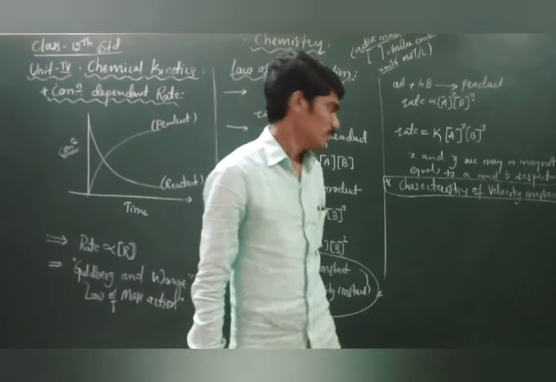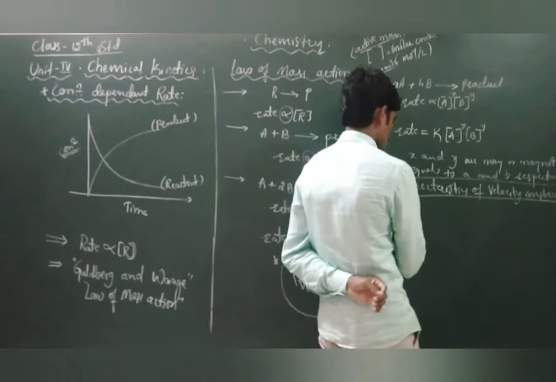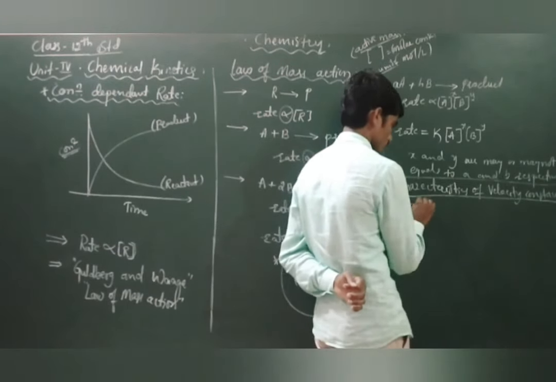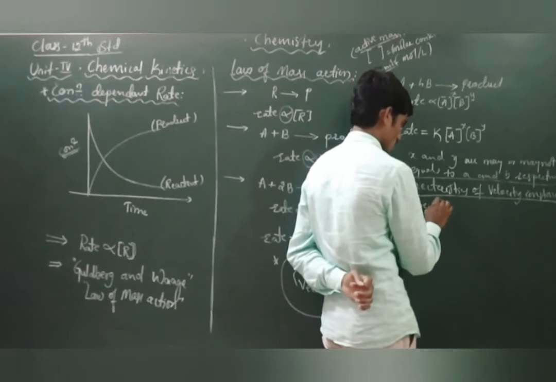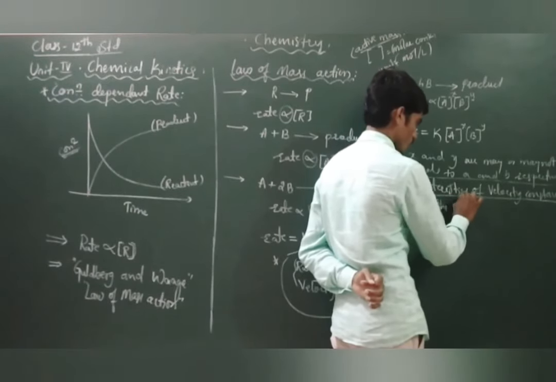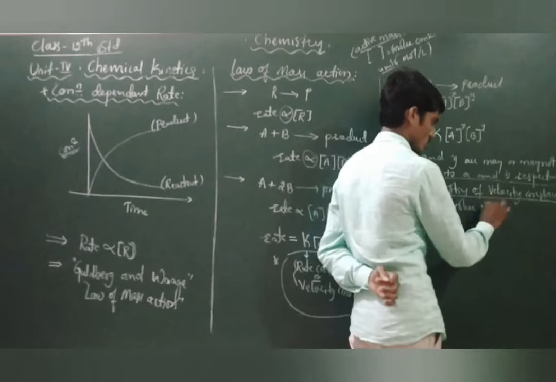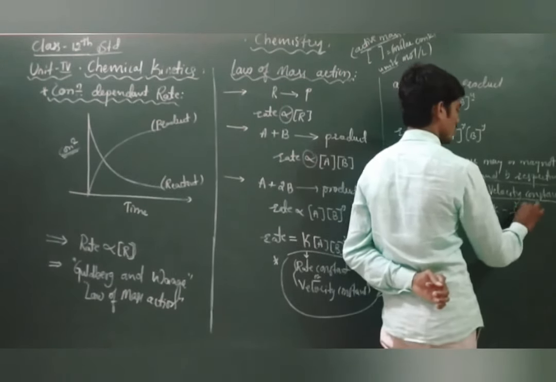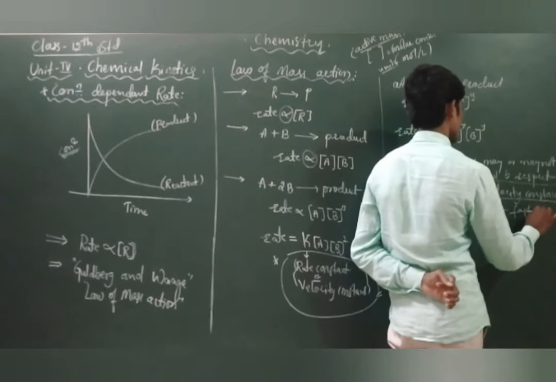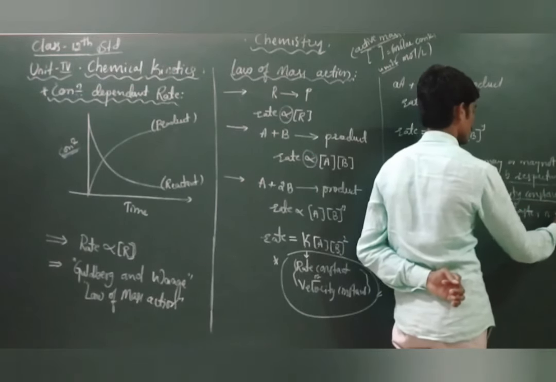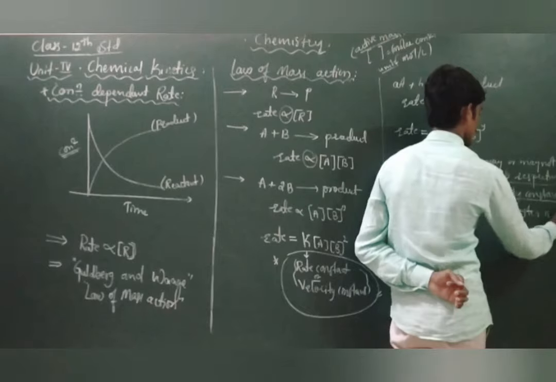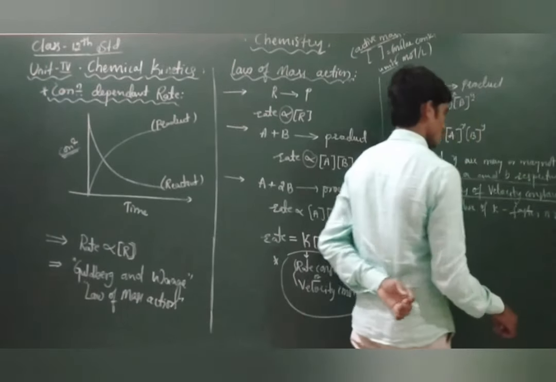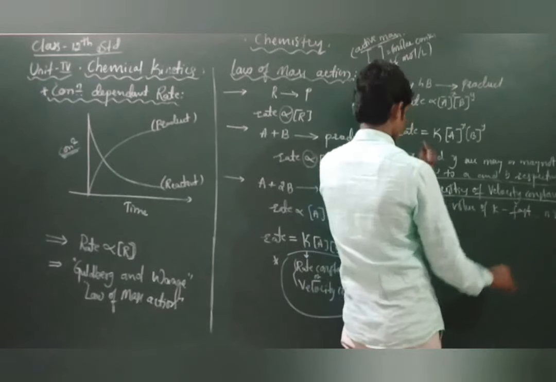Exactly in the same way, a larger value of K indicates a faster reaction. Simply we can write fast reaction.